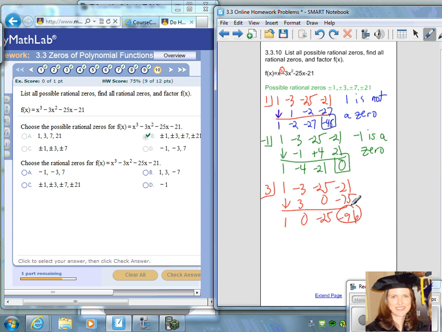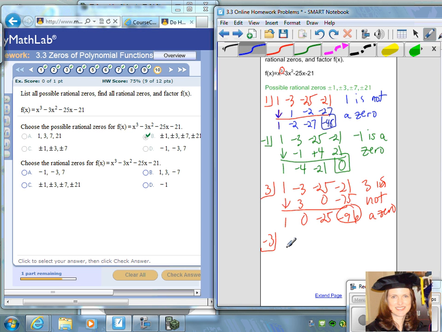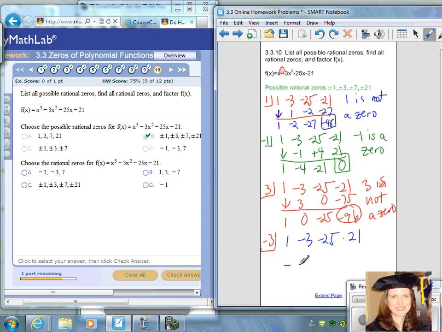Okay, this does not give you a remainder of 0, so we can say 3 is not a 0. You want to keep checking. You can try negative 3. Negative 3, doing this with synthetic division. You should try all of them until you get 3 total.